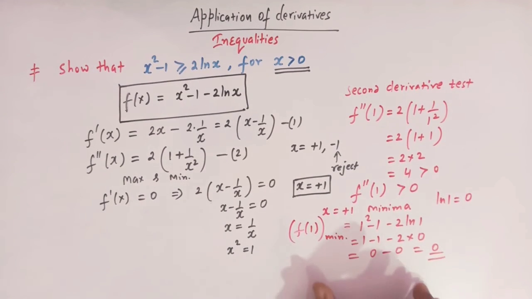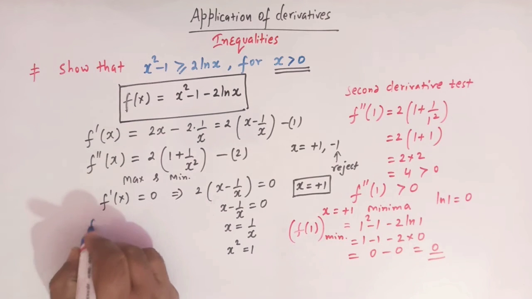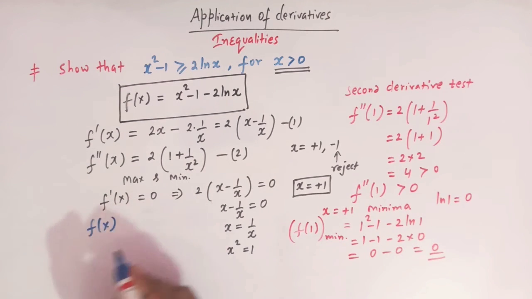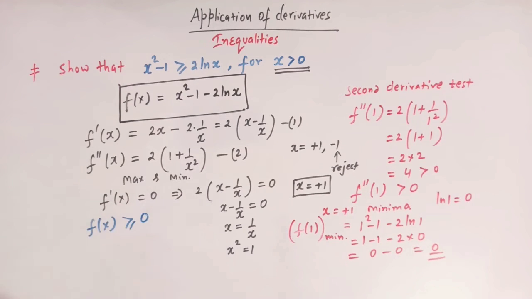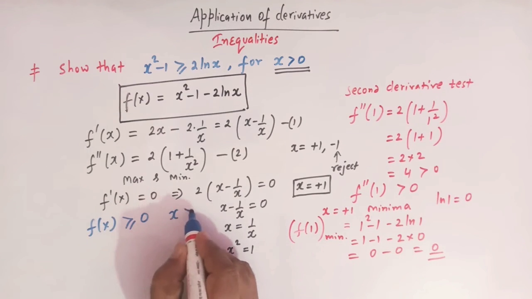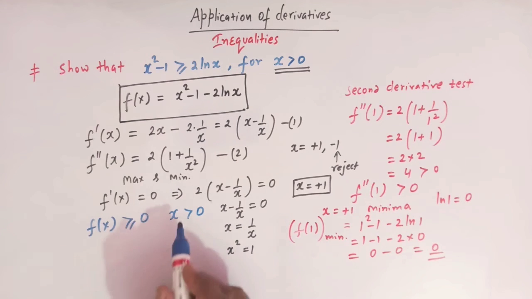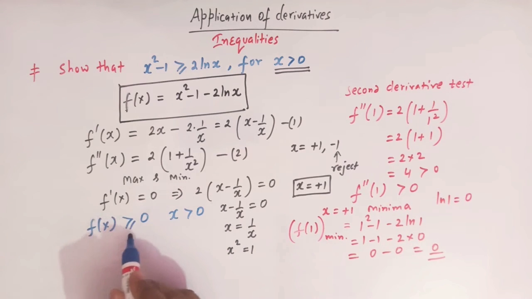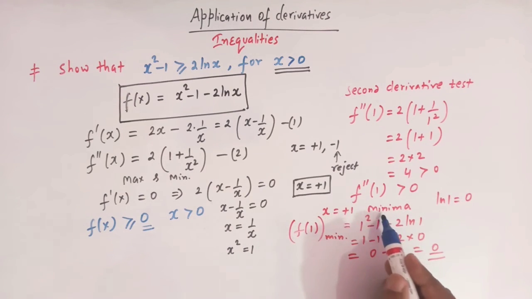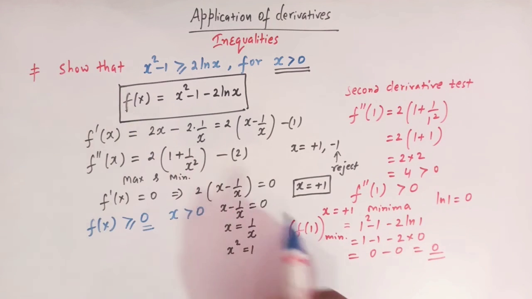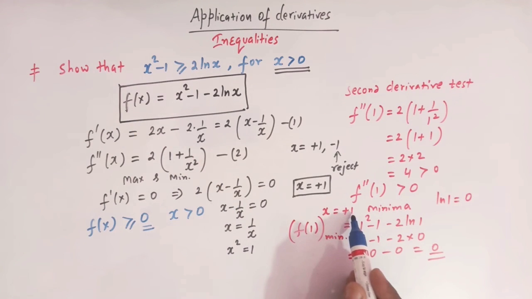So now from this discussion we conclude that f of x is always greater than or equal to 0 for all x greater than 0, right? And f of x is greater than or equal to 0 because f of 1 is equal to 0, which is the minimum value of this function at x equal to 1, right?